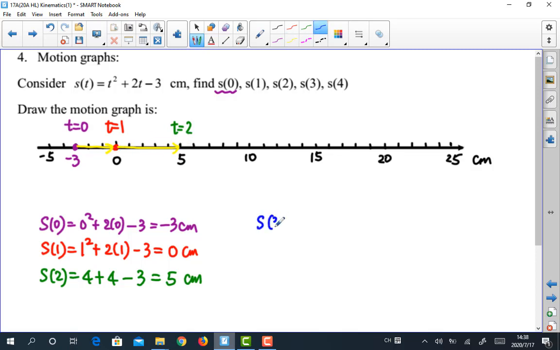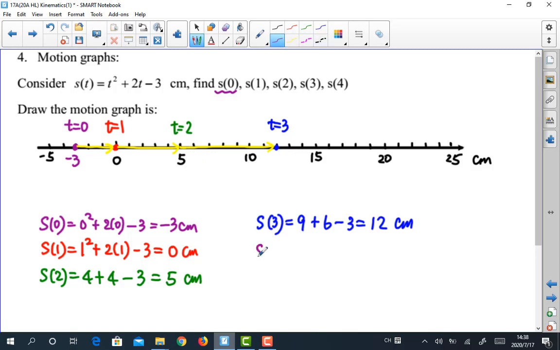Then s of 3 should be 9 plus 6 minus 3, which is 12. So t equals 3, the moving object should be at 12 centimeters away from the origin on the right side. That means from t equals 2 to t equals 3, the P is moving this way, from 5 centimeters to 12 centimeters on the right side.